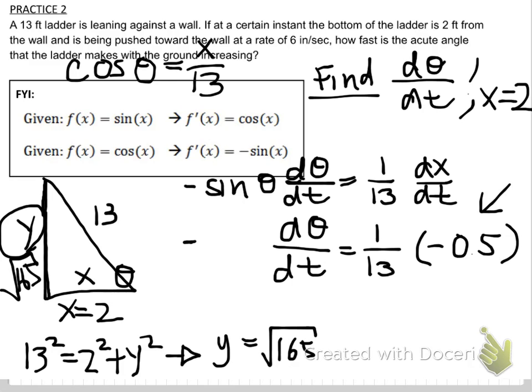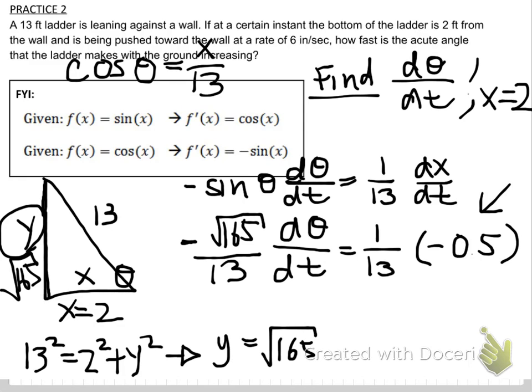Which means that sine theta, that negative doesn't change, so the negative is still here. Sine theta is going to be the square root of 165 over 13, the opposite over hypotenuse.